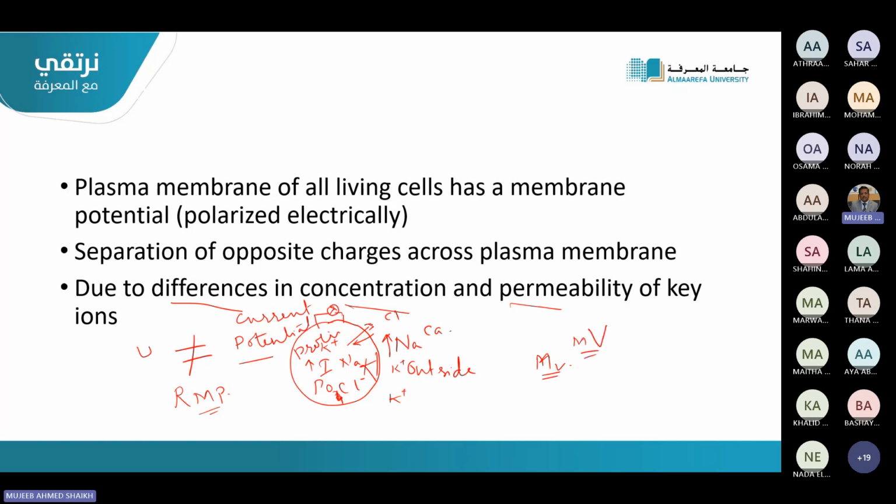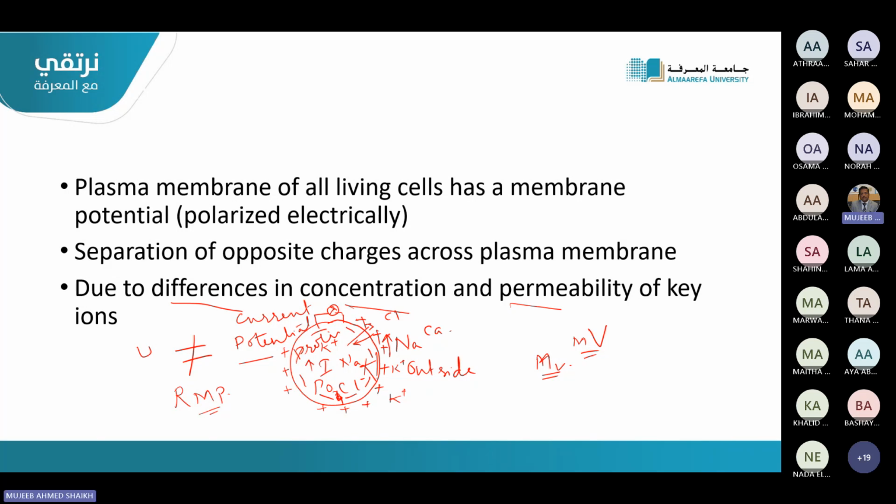Millivolt current will be produced at the cell membrane, where you will find more negativity inside and more positivity outside, because they are lining up in such a way that the positive ions lie outside the cell and the negative ions lie inside the cell.